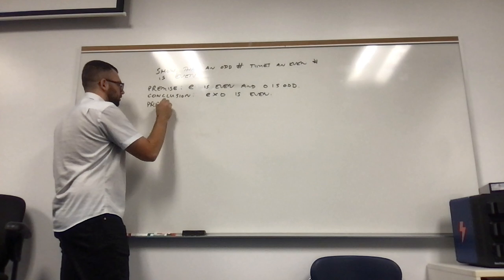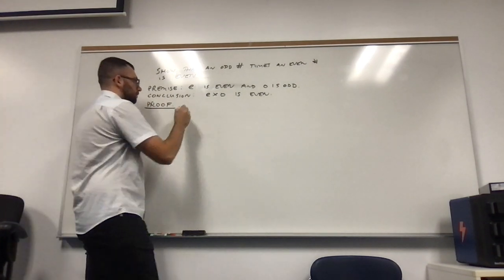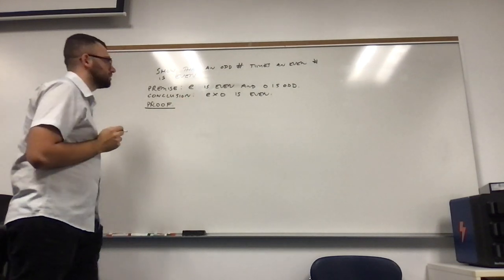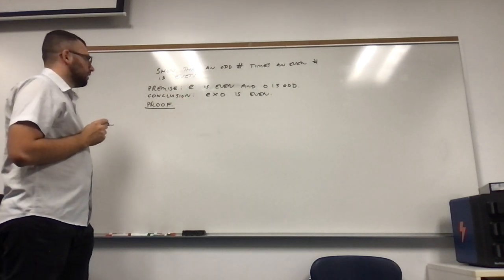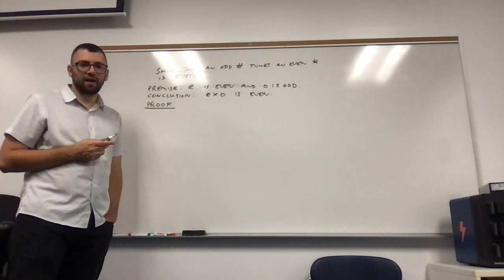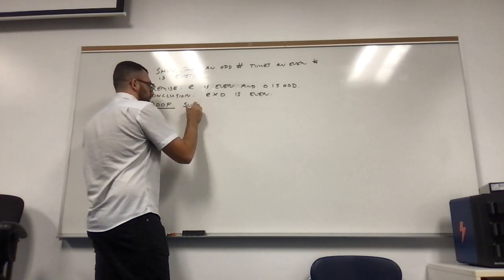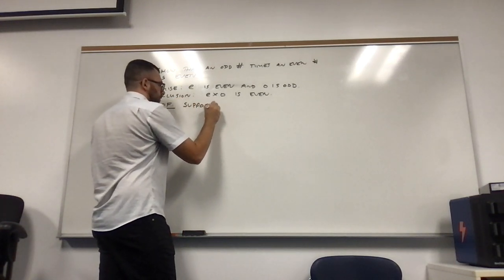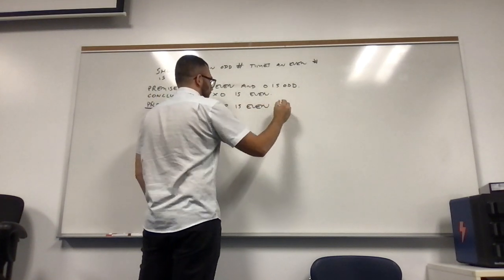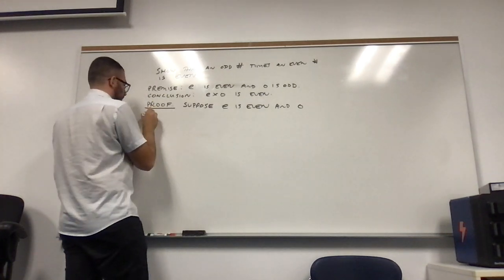So all proofs should start with the word proof, like this. Proof, we want to show that E times O is even. Once you write the word proof, write down your premise. Write it as an assumption or a supposition. So in this case I'll write, suppose E is even, O is odd.